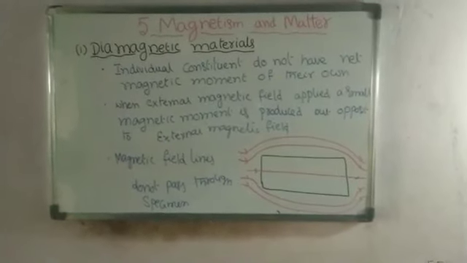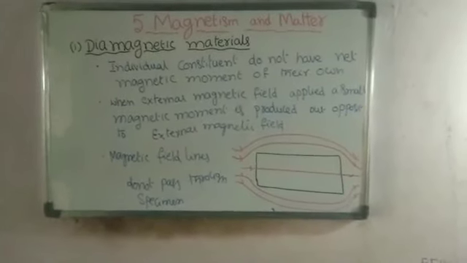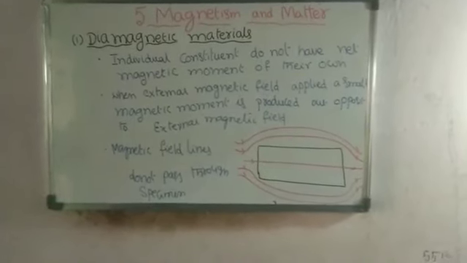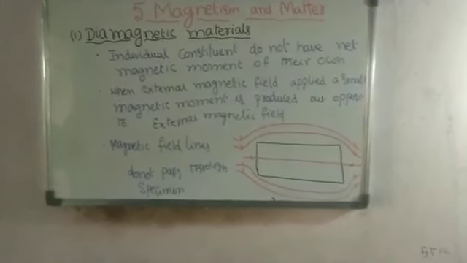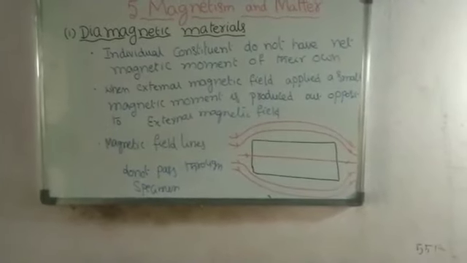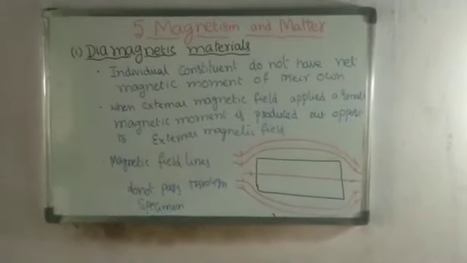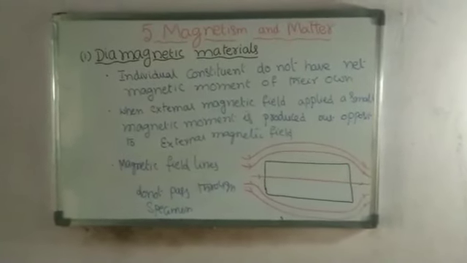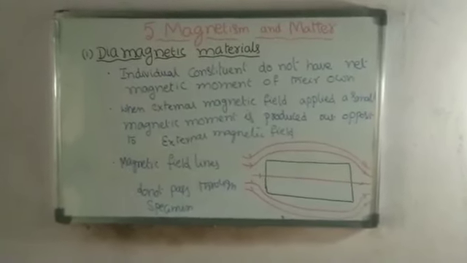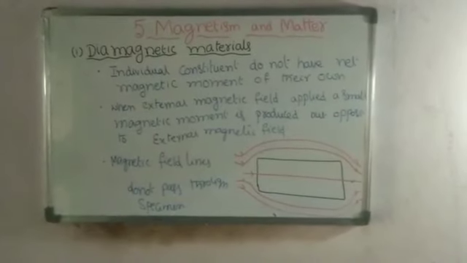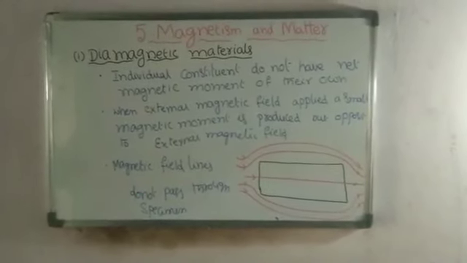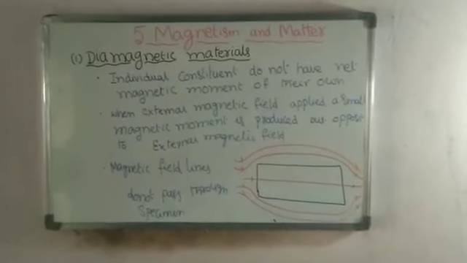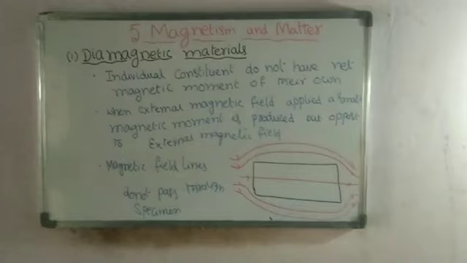Here I consider a specimen, a diamagnetic material, placed in the external magnetic field, but the field lines are not passing through that material. Why? Because the dipole moment of the diamagnetic material is formed opposite, so both repel. Hence the external field lines are not passing through the material. Those are passing outside, which is shown in that diagram.